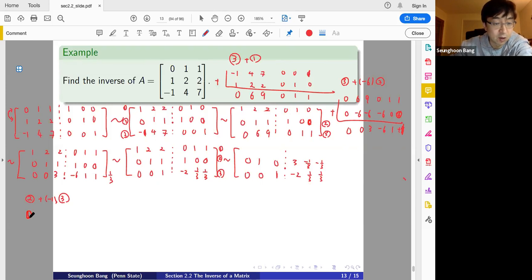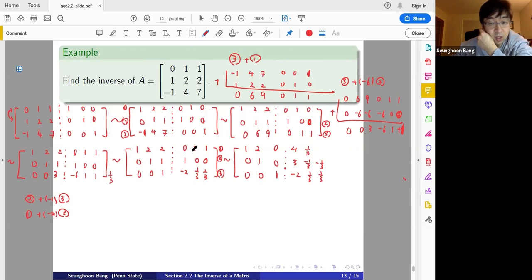So next one is here. The first row plus negative 2 times the third row. What happens? You have to keep 1, 2. So like this. The next one is 0. The negative 2 times negative 2 is a positive 4. Change positive 4 here. Here, 1 minus 2/3 is 1/3.